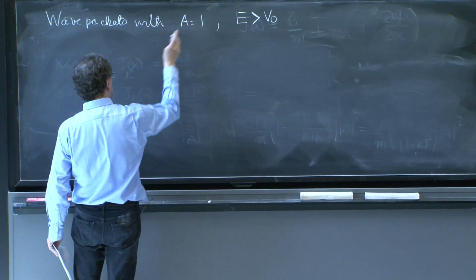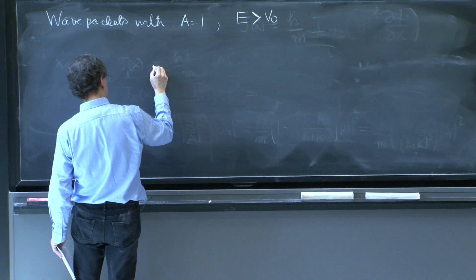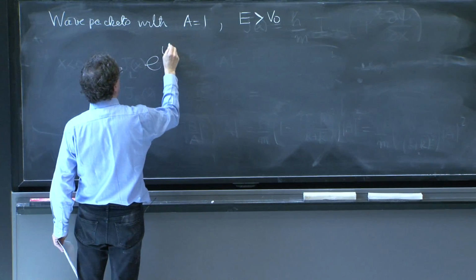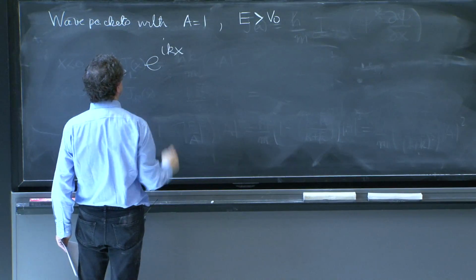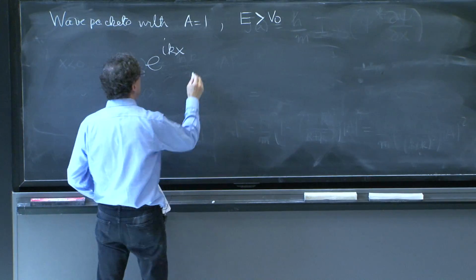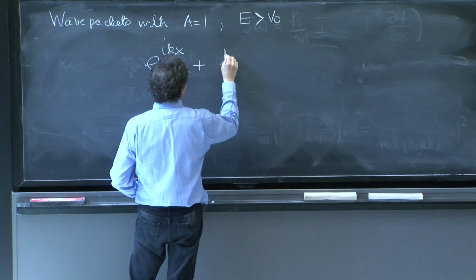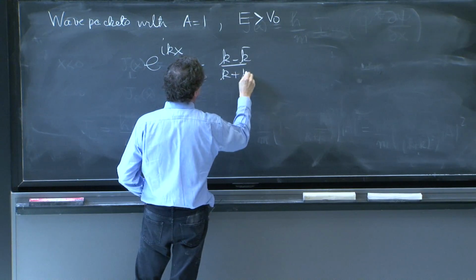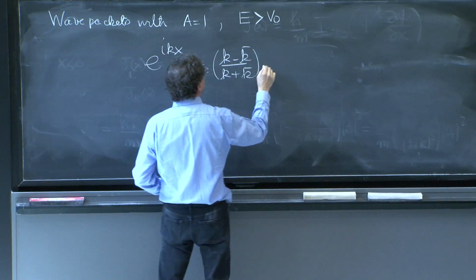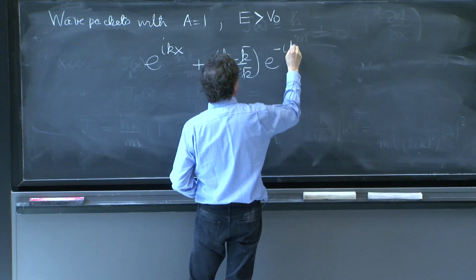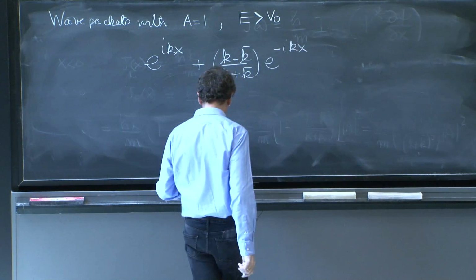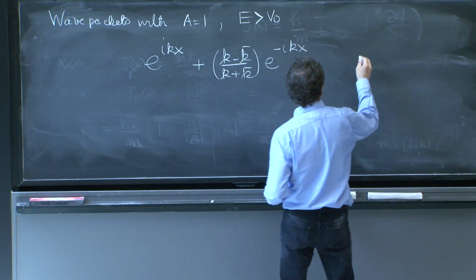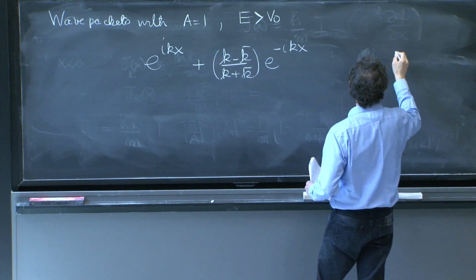So here is a solution with A equals 1. e to the i kx plus (k minus k bar) over (k plus k bar) e to the minus i kx. And this was for x less than 0.